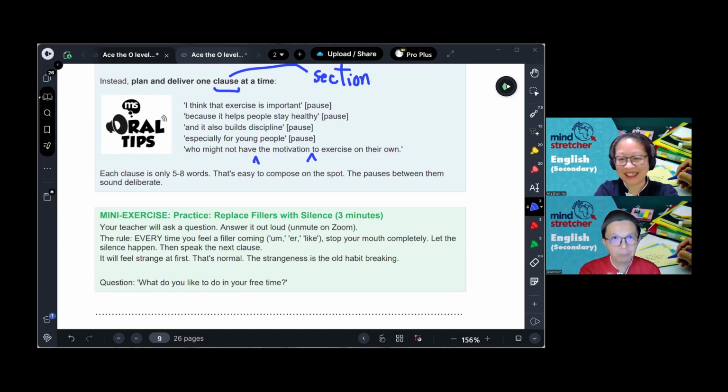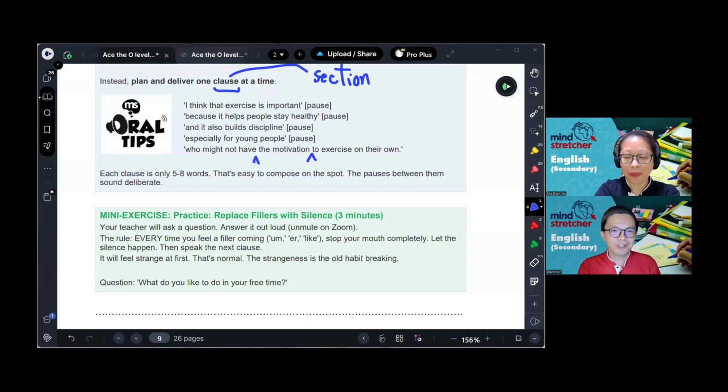Now, some of you will say, okay, maybe I can try. So do it by recording yourself. Just use your handphone, create a video recording or an audio recording of yourself. You do not need to send it to anybody.